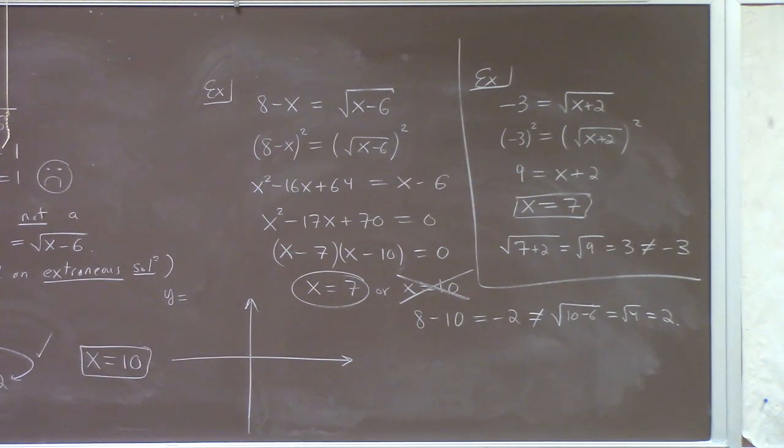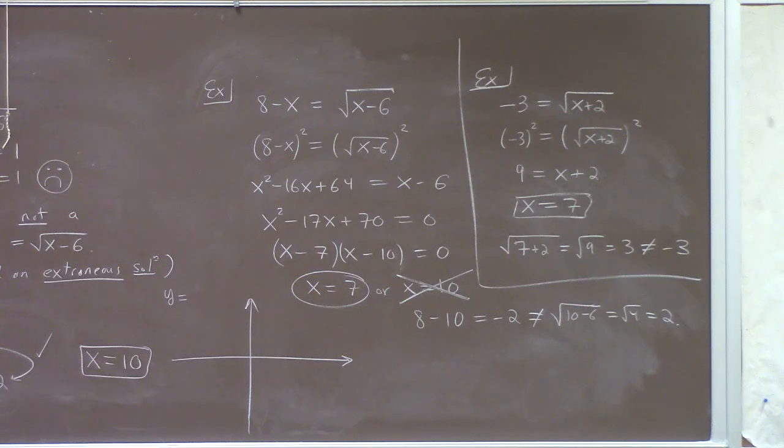So this one, we're trying to solve minus 3 equals the square root of x plus 2, right? Graphically, y equals minus 3 is like this line, and y equals the square root of x plus 2.